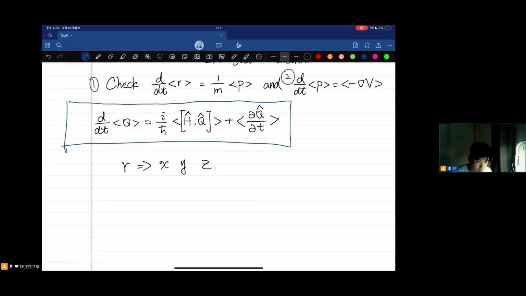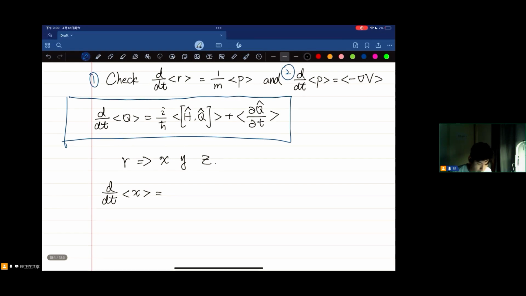For example, let's try x first. According to the Ehrenfest theorem, we use x to replace the q here and write down the rest of the theorem.